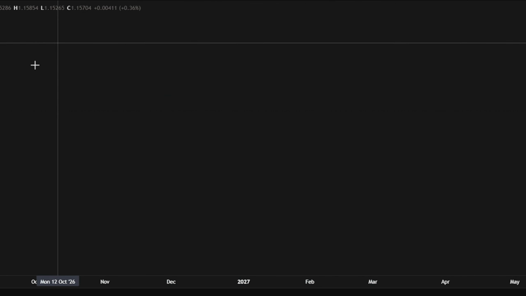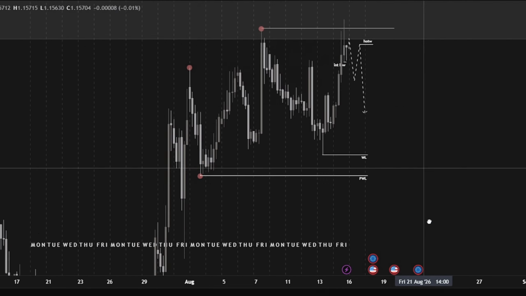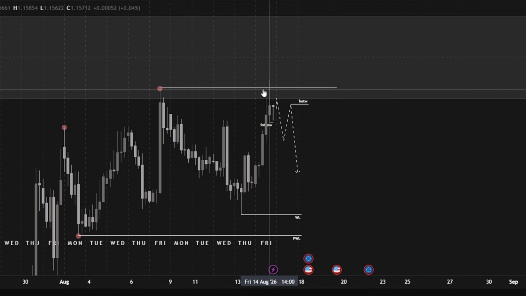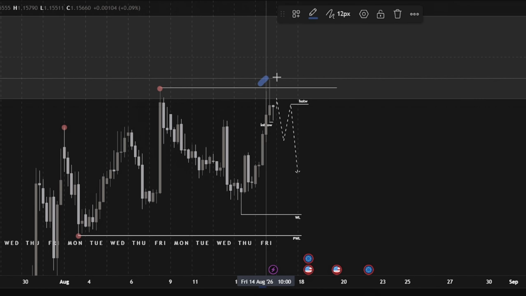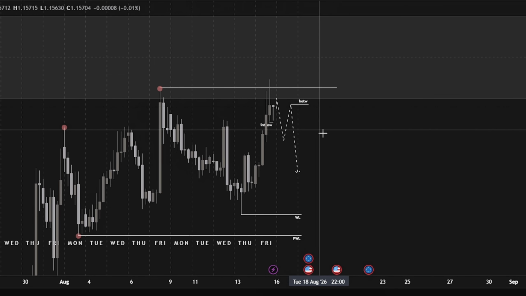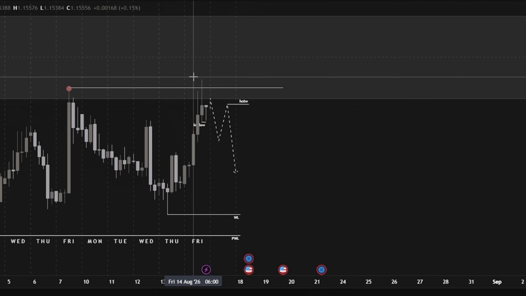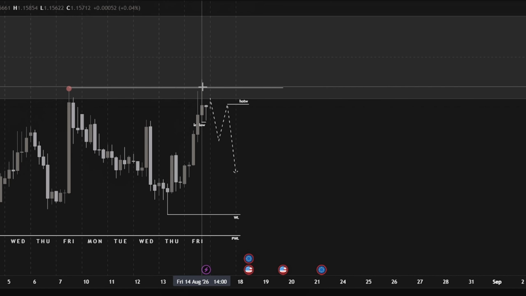So yeah, it's nothing too complicated. It's pretty straightforward. We've obviously already taken this liquidity. We failed to actually close above, which again, it's a little bit too early to make up scenarios and say, right, well, price is definitely going to go lower, but it gives me an indication that price is not strong enough to close above it.